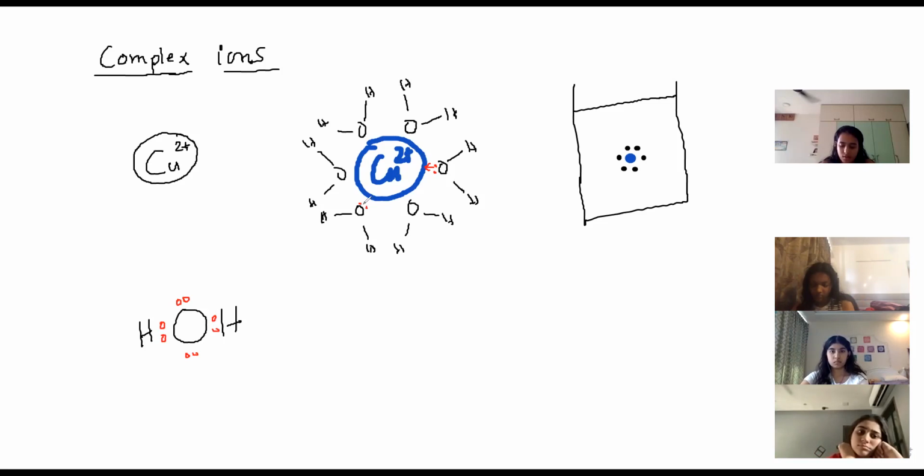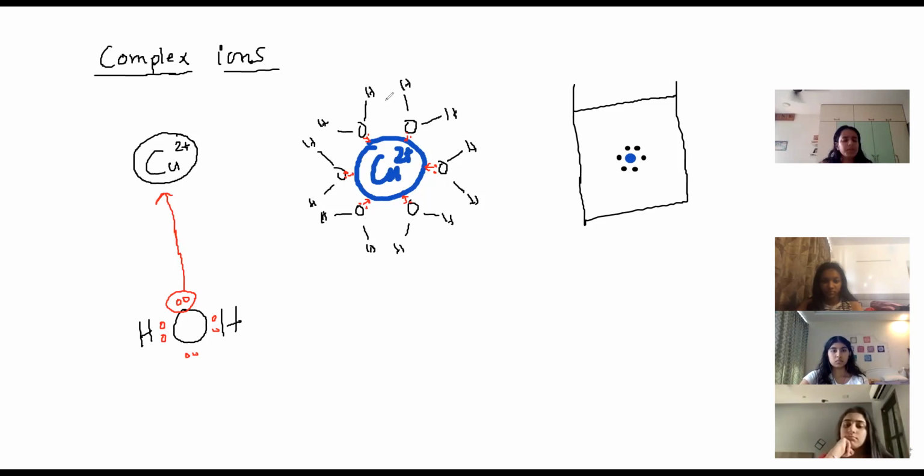So every oxygen atom here which has a lone pair of electrons will form a coordinate bond with the copper ion. This way, the 6 water molecules are bonded to the copper ion by a coordinate bond. And why coordinate bond? Because the water molecule has a lone pair of electrons with which it can form a dative bond or coordinate bond with the copper ion.